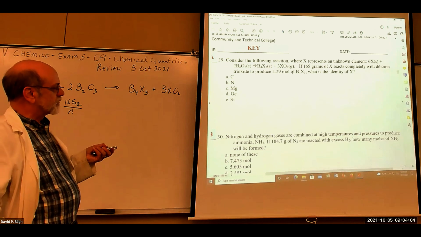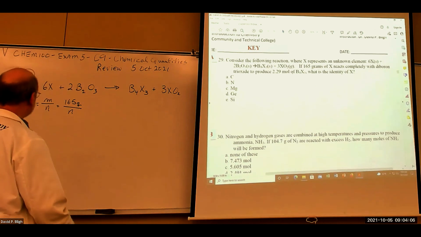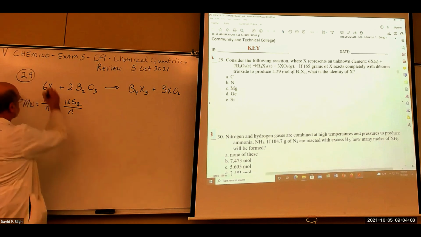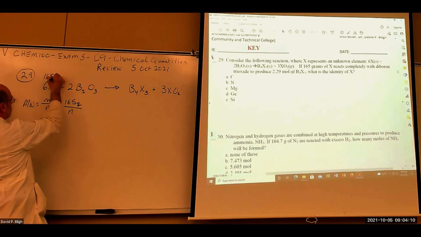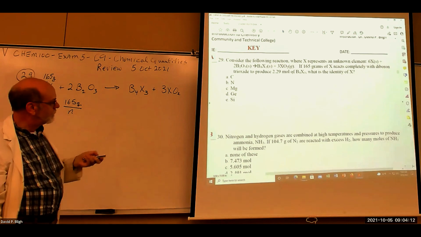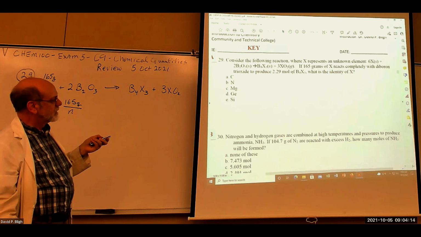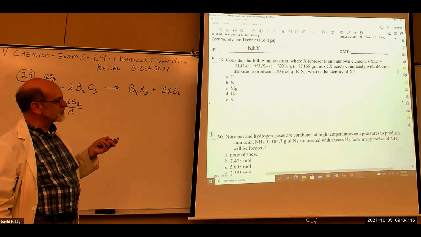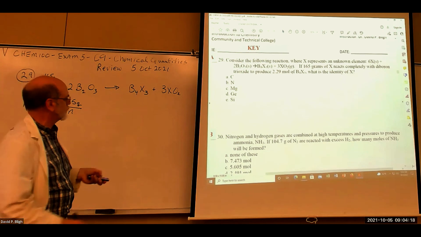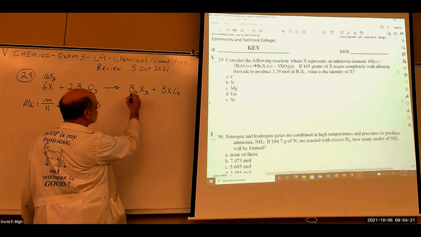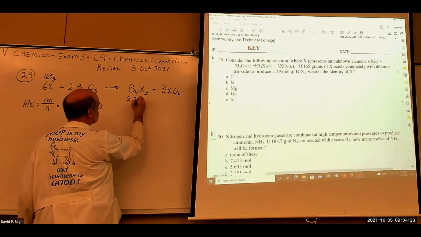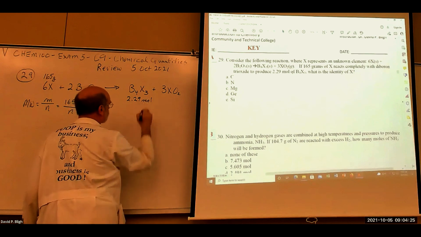So what does it produce? Well, in the reaction, 165 grams of this reacts completely with diboron trioxide to produce 2.29 moles of B4X3.